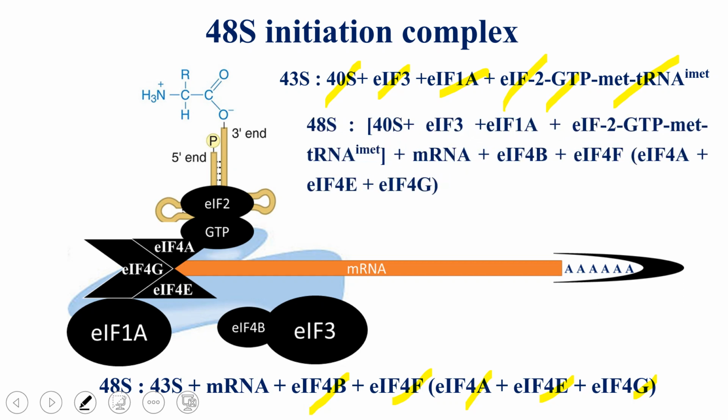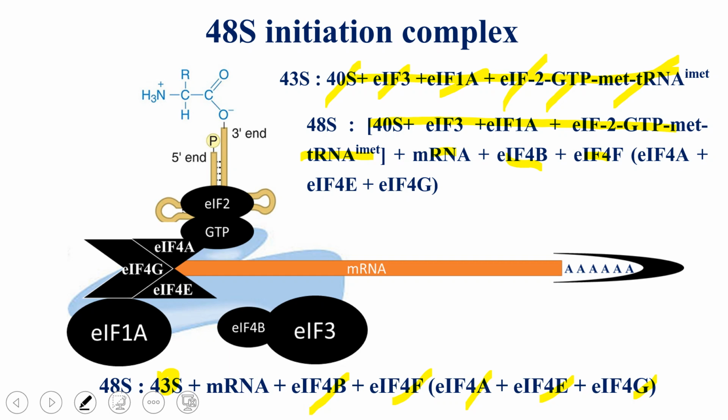So 48S equals, if we replace 43S with these components, 43S plus messenger RNA plus 4B and 4F, all those things. So this is our 48S, which has a number of components. This is almost the final thing, except it does not have the large ribosomal subunit.